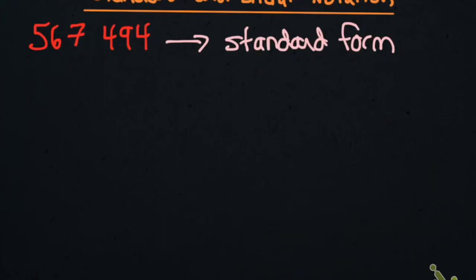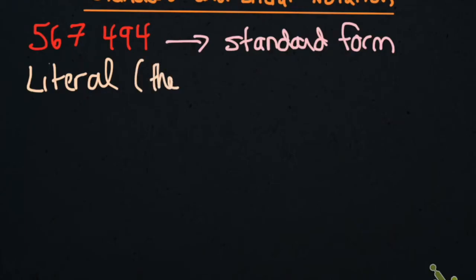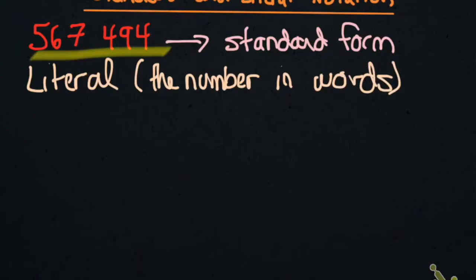The reason why is because of literal notation. Now, literal means, well, I'm sure you've heard of the word literal before. It means exactly as it is. But in this case, what we basically want is the number in words. If I were to say this number in words, I would say 567 and 494. A lot of ands. We're going to actually ask that you write all of those ands.